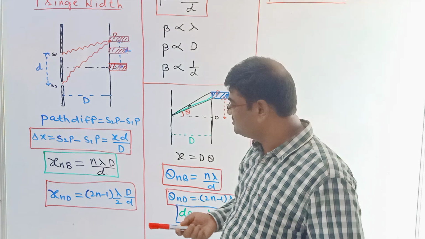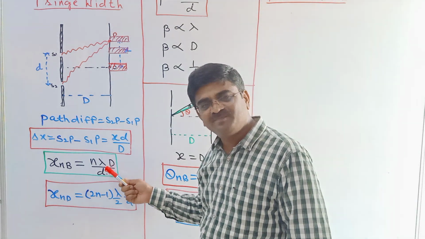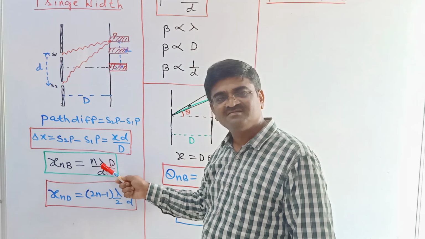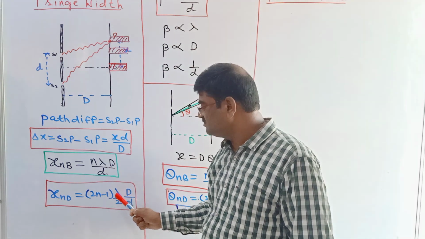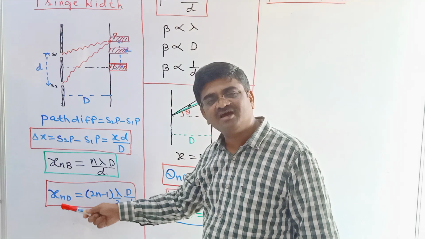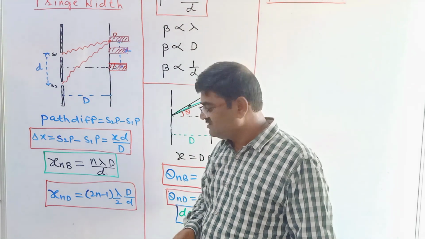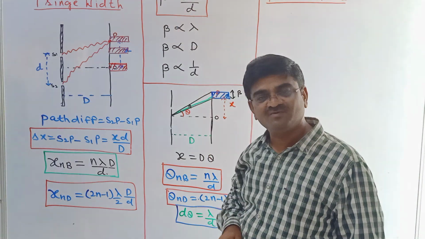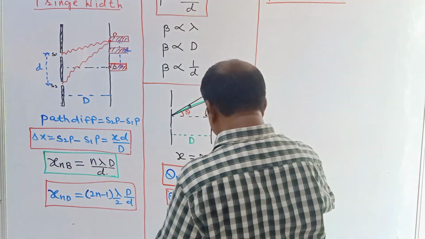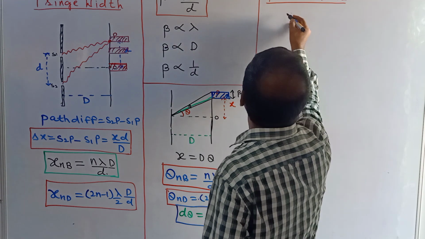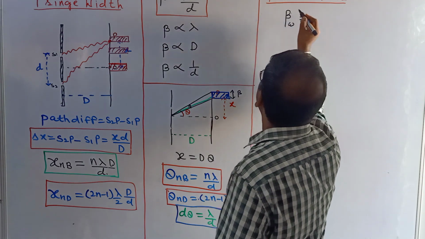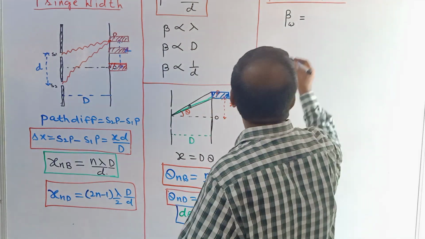Due to the change in wavelength, I will have a change in the position of the nth bright band. You can see here, due to the change in wavelength, I will have a change in the position of the nth dark band. Due to the change in wavelength, I will have a change in the fringe width also. And if I am asked to write the new fringe width, say in water, what should I write?